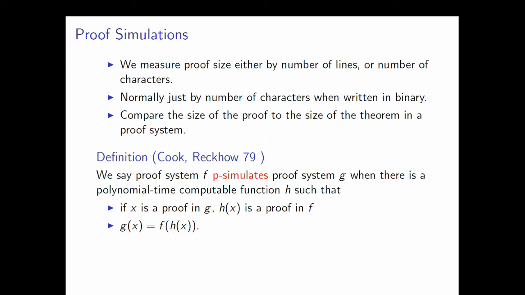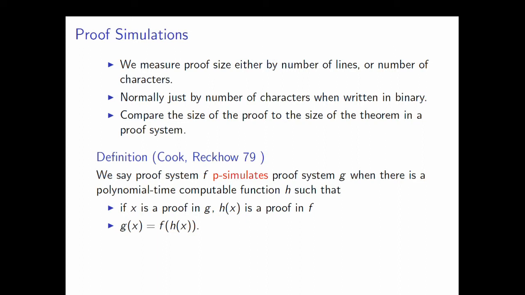And now we're going to define this idea of a simulation, or in this case, a P simulation. So we've got two proof systems, F and G. We want to show that basically F can do anything that G can do, so there's some way of saying F is better than G. We do that by having some computable function H, which is polynomial time computable.